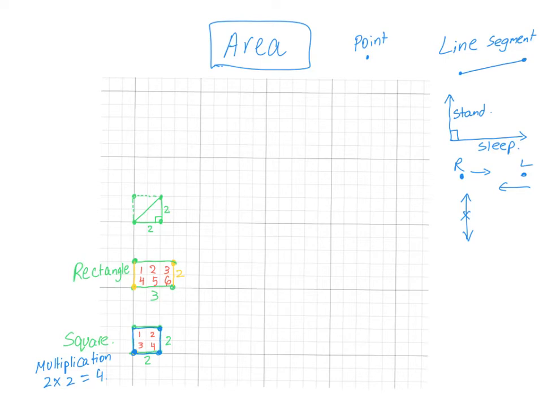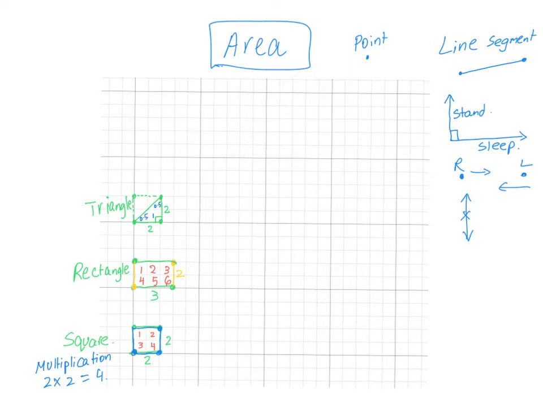Now we are at half the shape. So the triangle ends up becoming half of the square. So for the square, we had four complete smaller shapes. Here we have one, and we have a half, and we have a half.